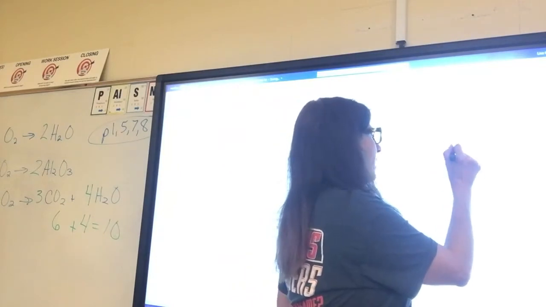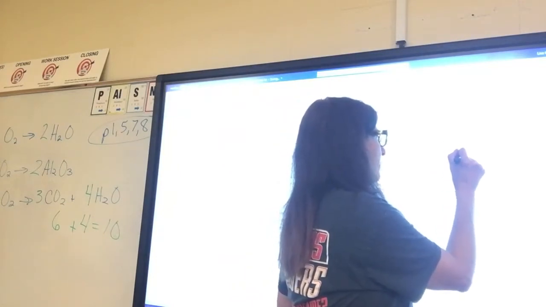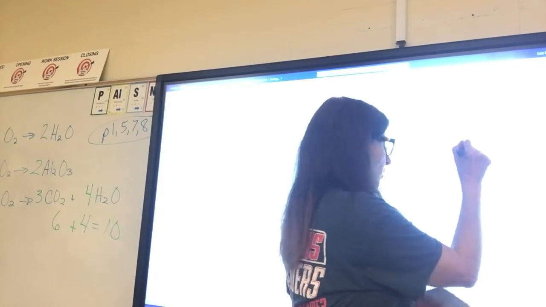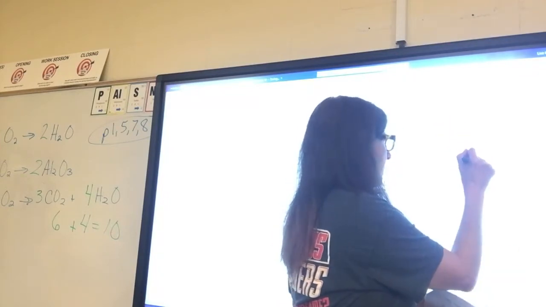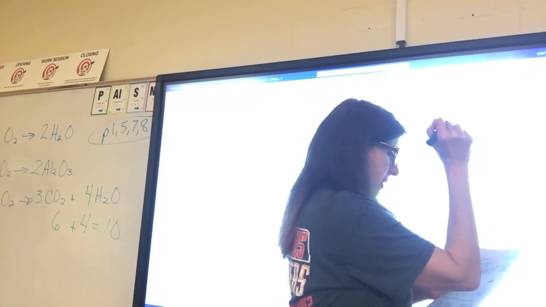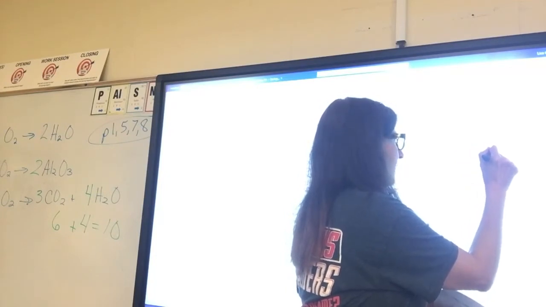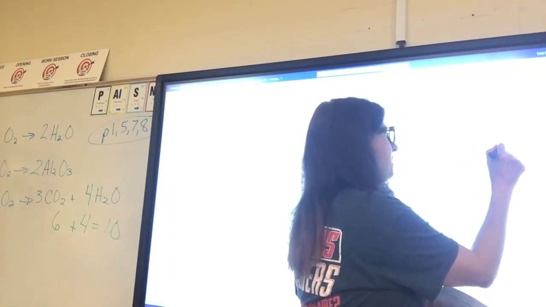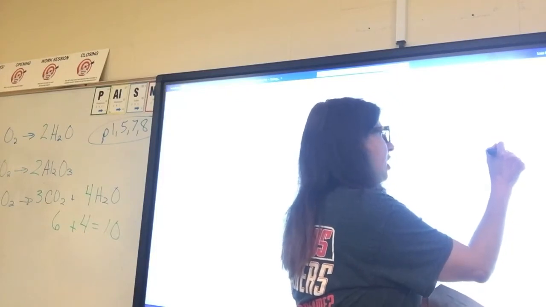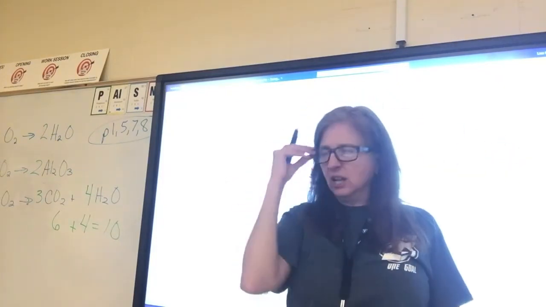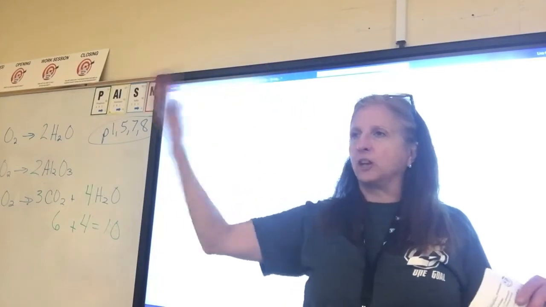Also, an arrow two ways can stand for equilibrium. Which means that it is a reaction that can go two ways, but it will finally settle to where the reactants equal the products.